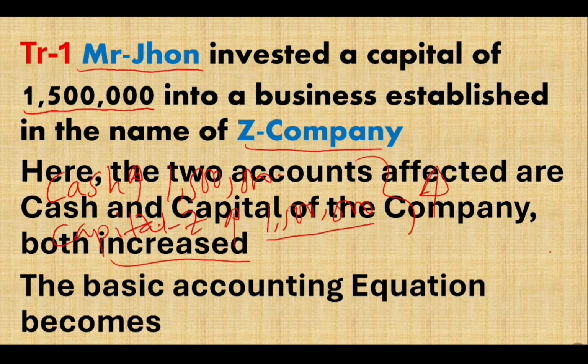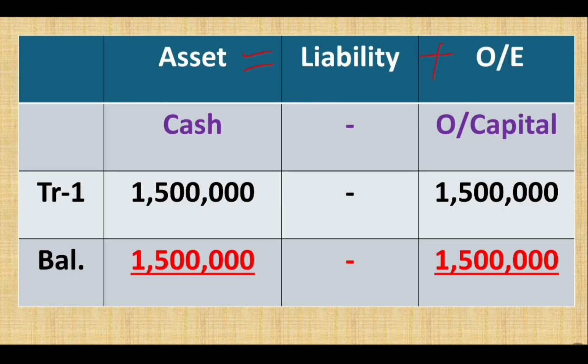So the basic accounting equation becomes: asset is equal to liability plus owner equity. In the case of asset, we have only cash that is increased by 1,500,000. So this is for transaction 1.